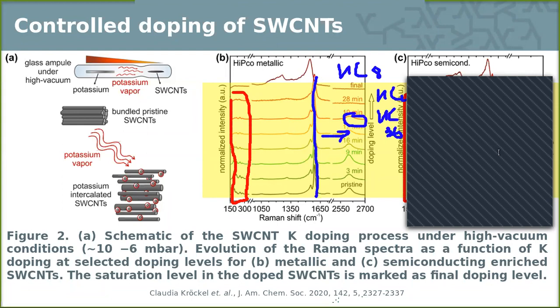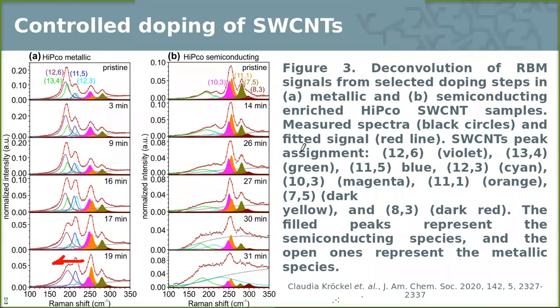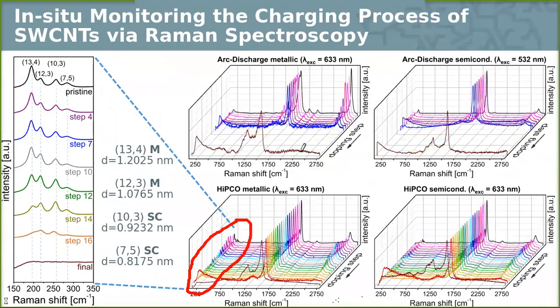And he says, why do the low wave number signals disappear after 19 minutes of measurements? The reason they disappear is because they get out of resonance. Once you move the Fermi energy level, you are working with a material that is no longer resonant at the wavelength of the excitation energy.